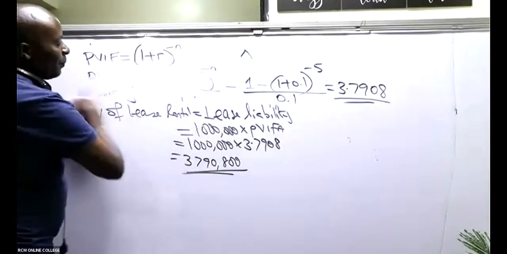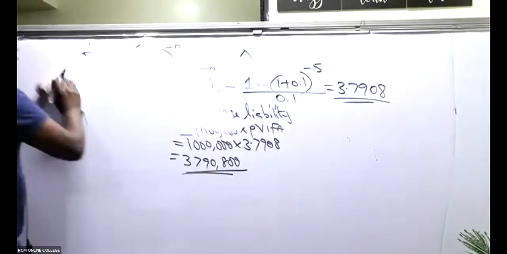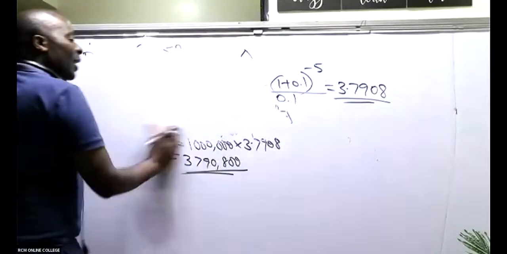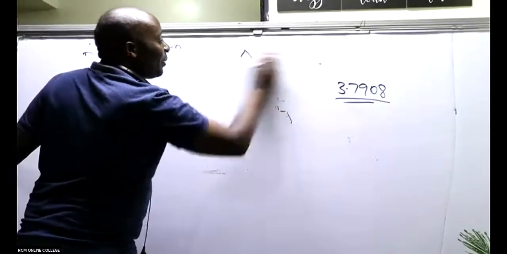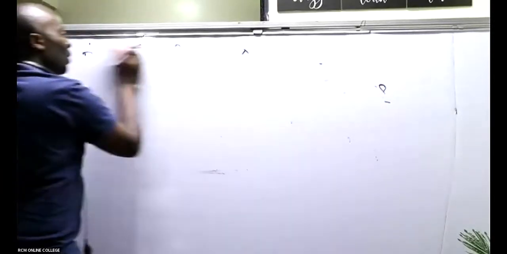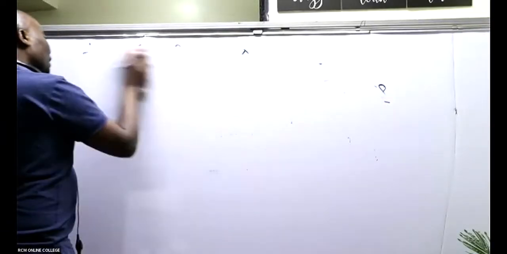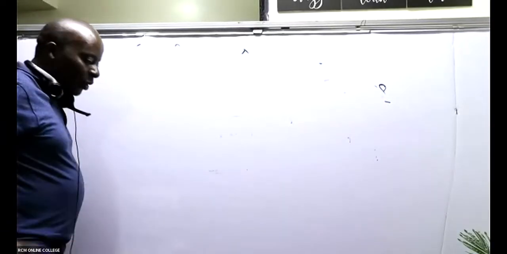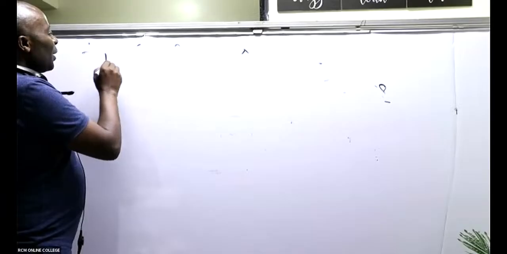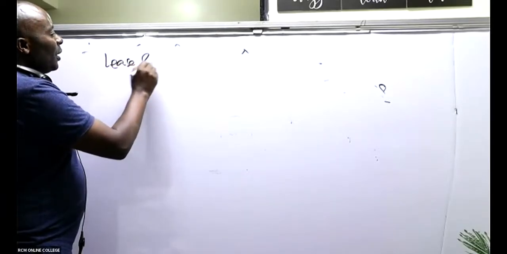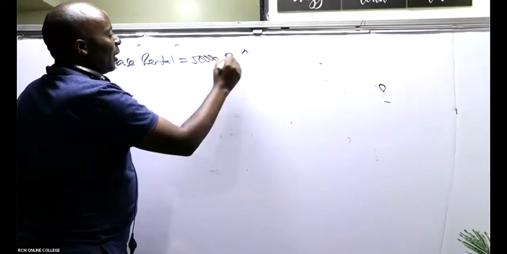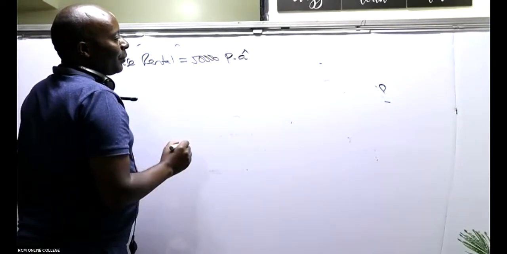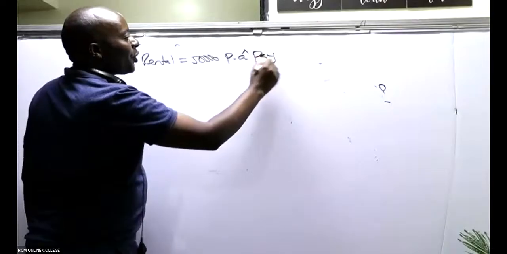But you see, another trick that I've always seen the AFR, Advanced Financial Reporting, and of course the Intermediate Financial Reporting examiners doing. These examiners will come and tell you the following: that the lease rental is 50,000 per annum, payable in advance.